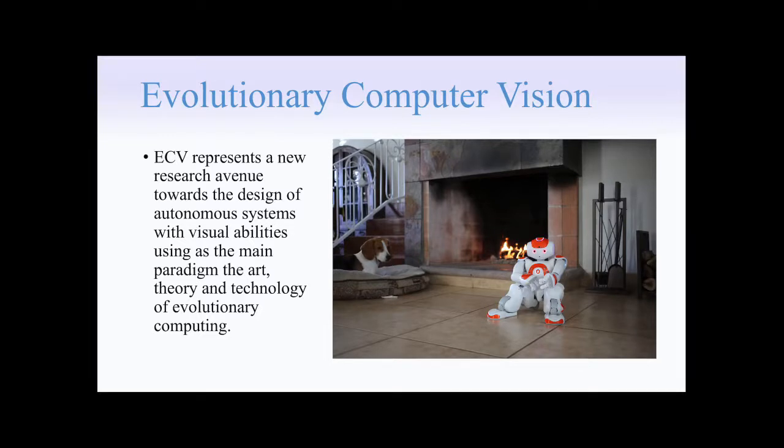ECB represents a new research avenue toward the design of autonomous systems with visual abilities, using as the main paradigm the art, theory, and technology of evolutionary computing.